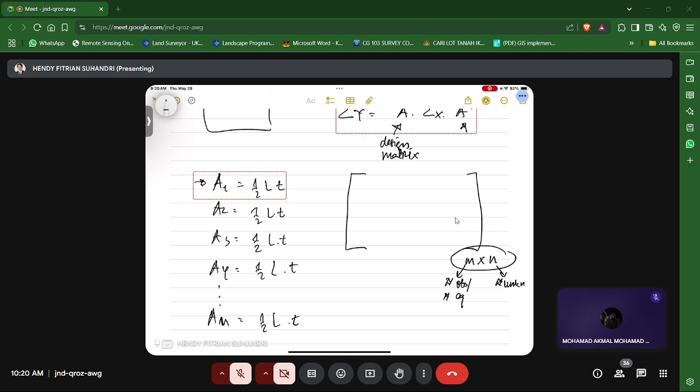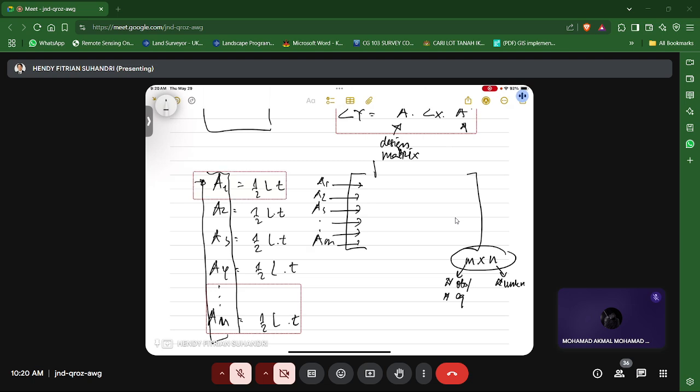So that means here the number of the dimension of row will correspond to the number of equations you have here. So if you have m equations, that means you will have m rows, a1, a2, a3, and so on until am.